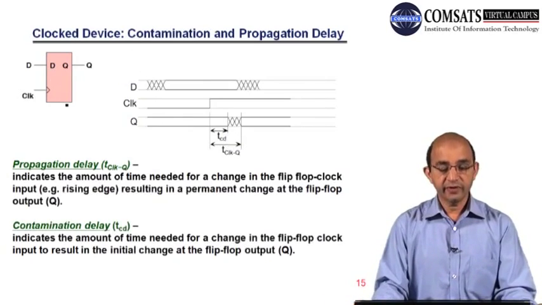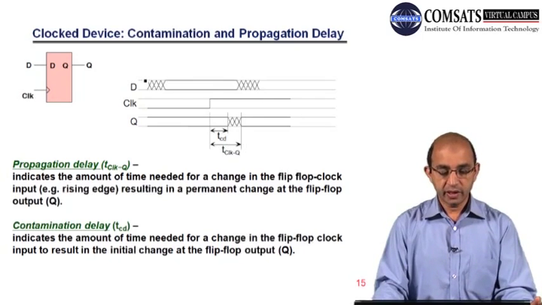So here we have the D flip-flop. We all know the truth table of the D flip-flop: Q follows D. So this is Q, D, and this is the clock. There is no bubble, so it means this is an active high or positive edge triggered flip-flop.